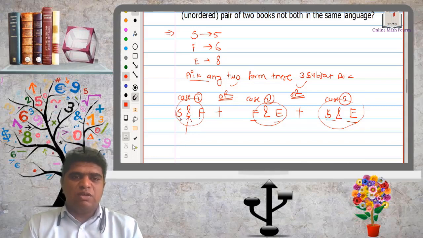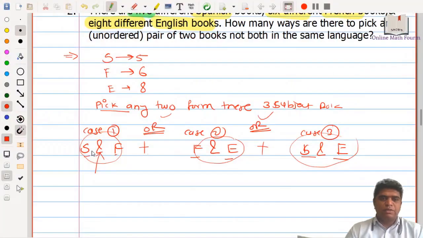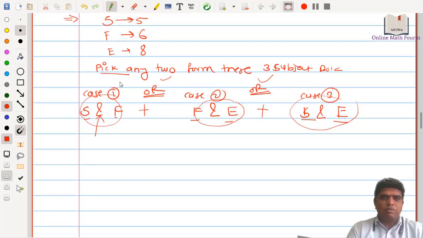We have to select one Spanish book from five Spanish books, which can be done in 5C1 ways, and one French book from six French books, which is 6C1, and that is a multiplication.